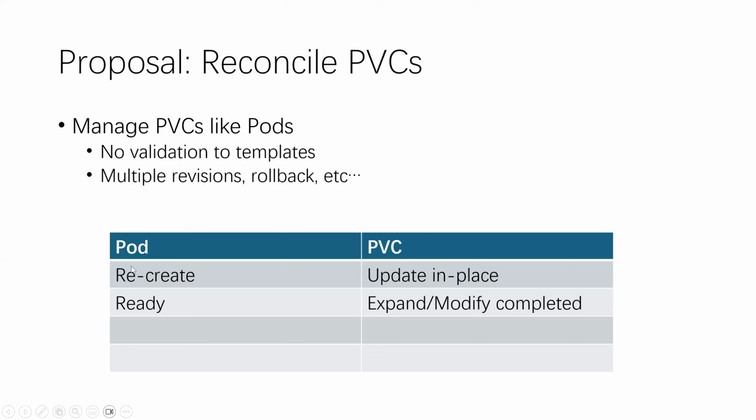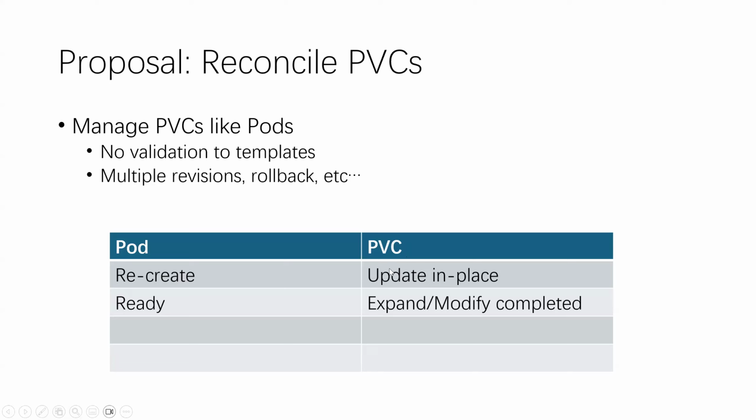When we want to recreate a pod, we just update the PVC in place. That is, a pod is updated by deleting it and creating it again with the new configuration, because pod is immutable. But we cannot delete a PVC, because deleting a PVC will remove all the data in it, which is the thing we most don't want to happen.